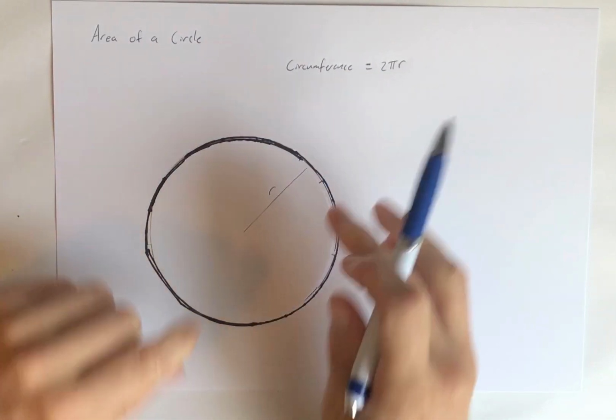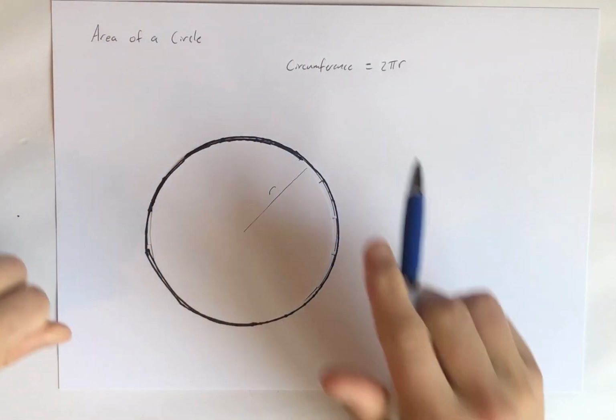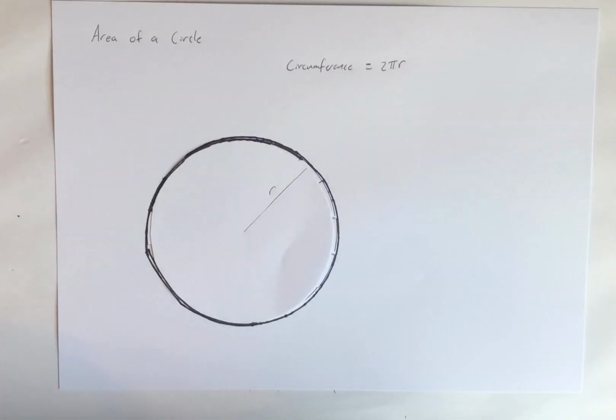That means that if I took that radius, I get 2 pi of them around here, which is basically 6 and a little bit more, so about 6.28. So with that, can we deduce what the area of the circle is going to look like?